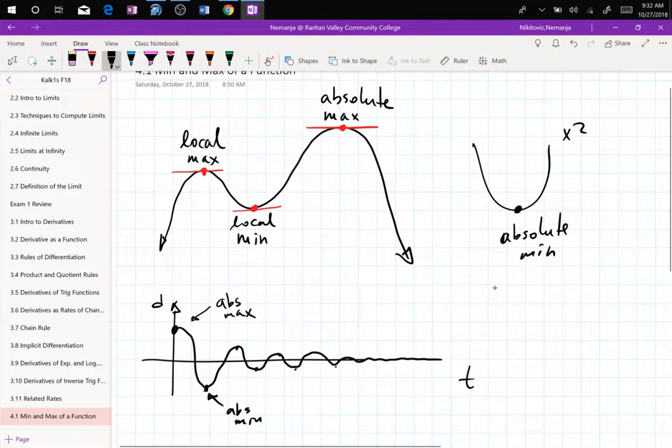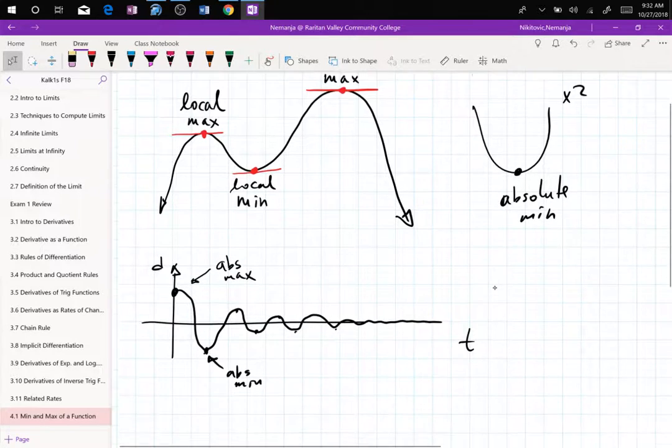Because as t goes to infinity, the object stops. So you can have a function that has absolute min, absolute max, followed by infinitely many relative or local min and max values going to infinity.